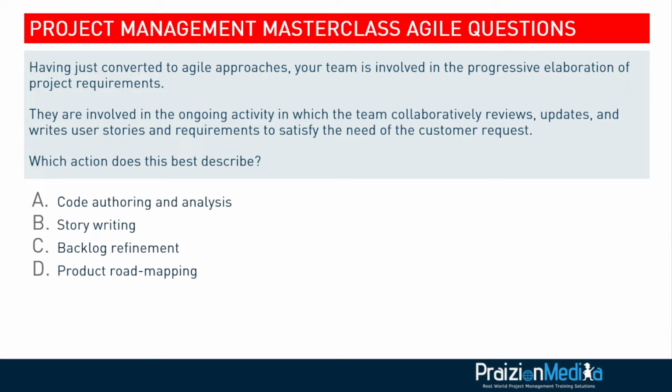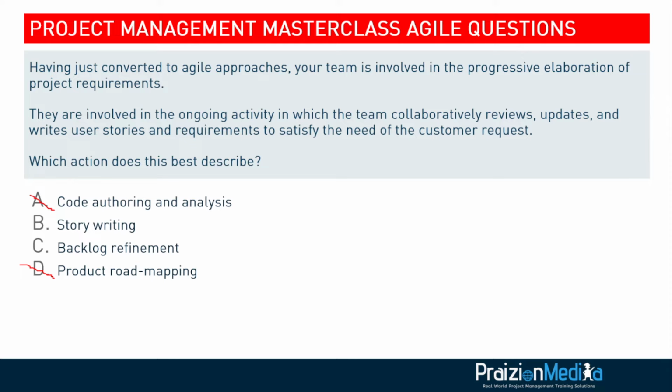3, 2, and 1. So, taking a look at these, it's not A. That would be something entirely different. It is also not product road mapping, because in product road mapping, we don't write user stories and requirements.